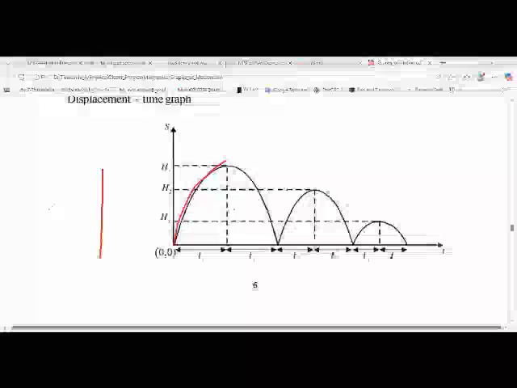Then it represents a deceleration. This graph represents deceleration. Also this part represents acceleration, as it is coming back. Also, the next time, the maximum height is decreasing. You can see here, the maximum height is decreasing.